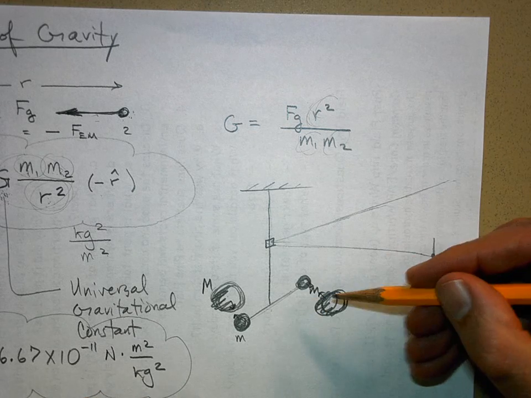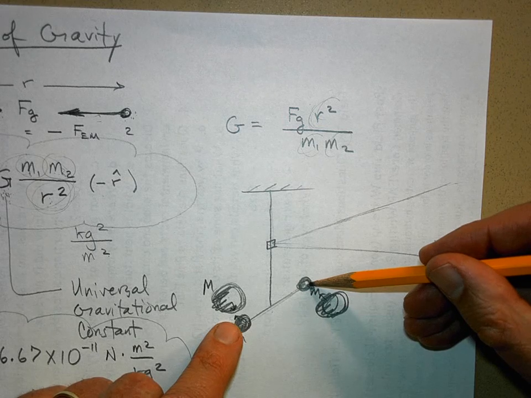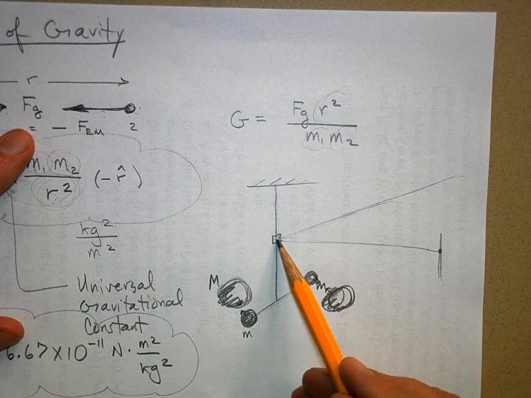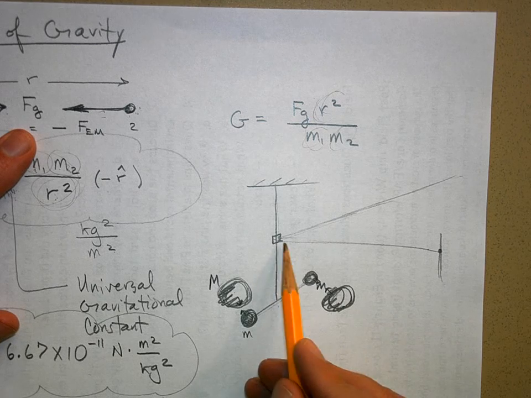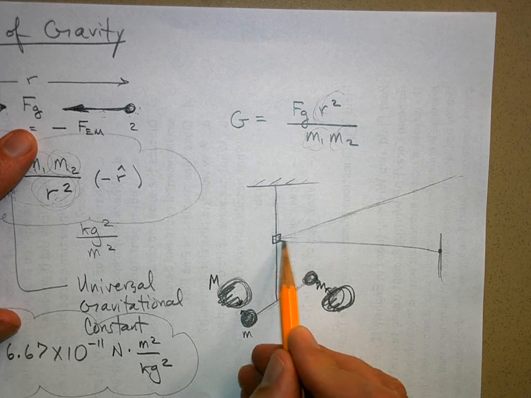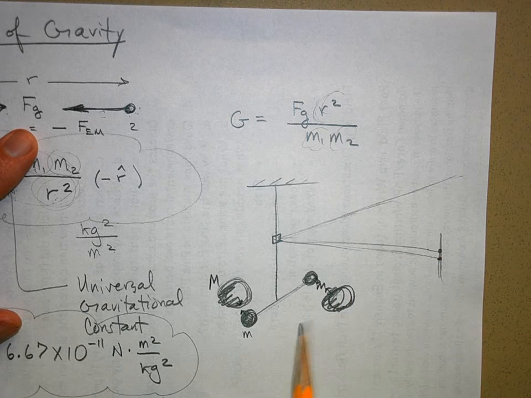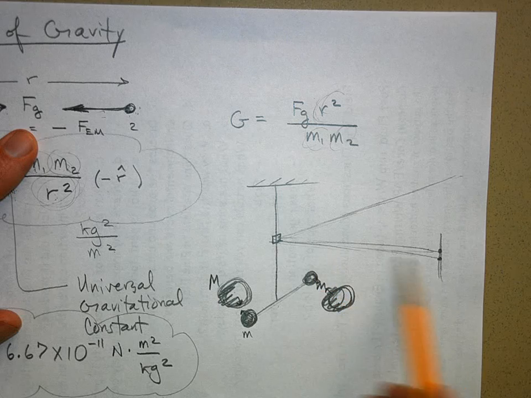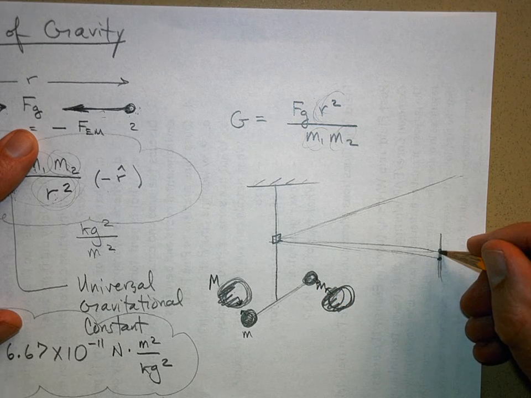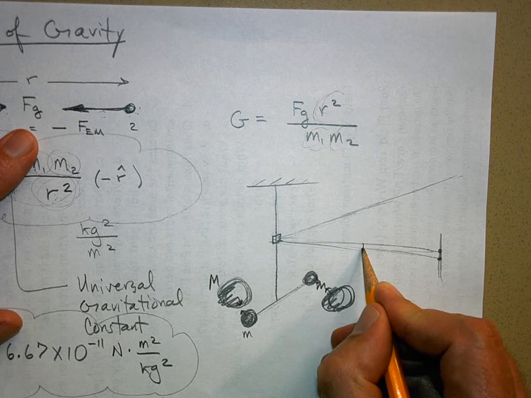And what it did was make this twist, oh so slightly. When it twisted, it made the mirror change its angle oh so slightly, which changed where the beam of light hit the wall or a screen. He measured this distance and therefore was able to figure out what this angle was.